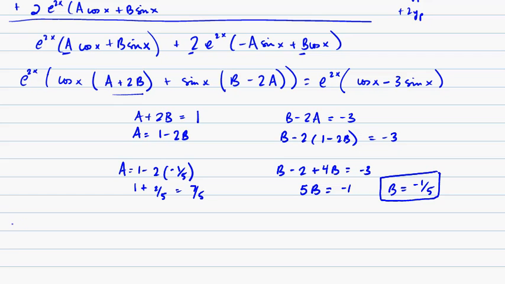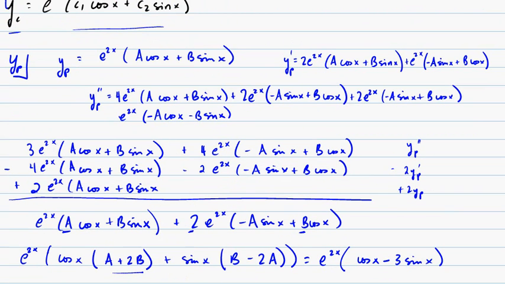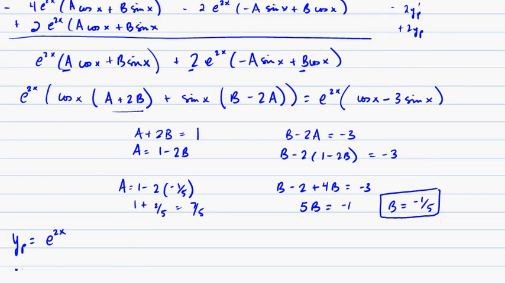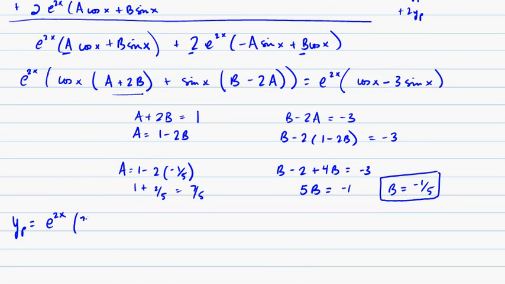Finally, my yp then is going to be e to the 2x, and let's just recall that our guess for it looked like this: a times cosine x plus b times sine x. So a, which is 7/5 times cosine x, minus 1/5 sine x.